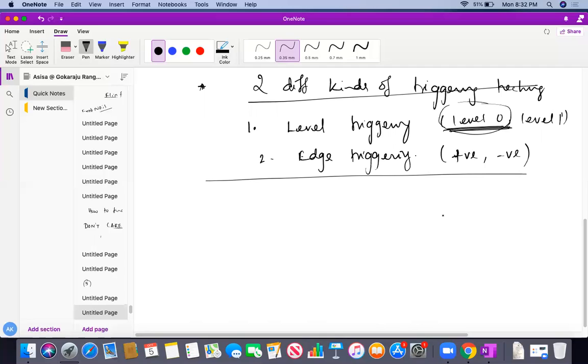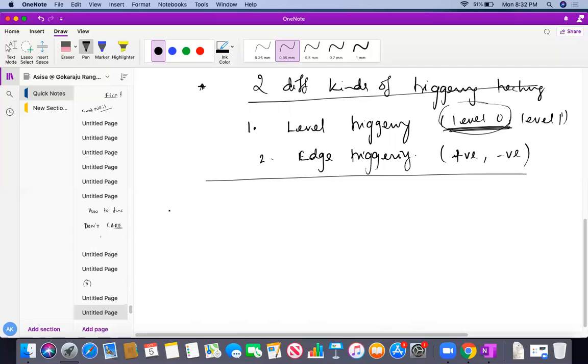For the T flip-flop, T and clock are the actual inputs. Similarly for the D flip-flop, D and clock are the actual inputs. So if my flip-flop is level triggered with level 0, while the clock pulse is at level 0, any change in the flip-flop inputs will be reflected at my output state. We'll see it one by one, don't worry.